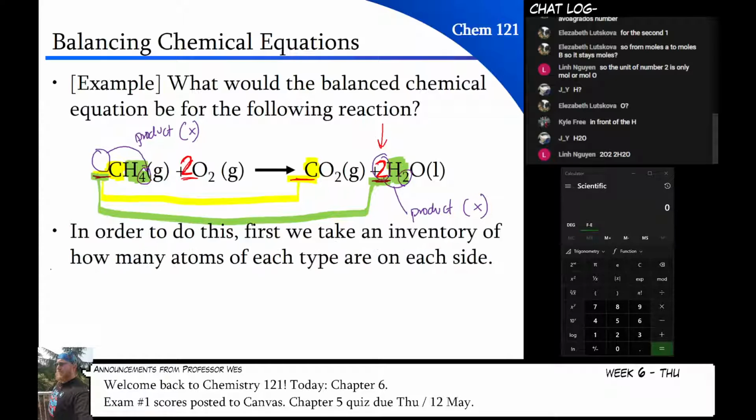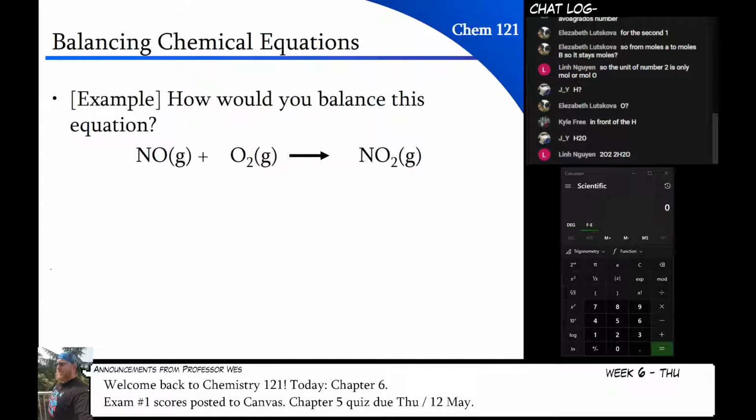All right, so my slides are just going to walk through the first one of these like that. I'm just going to give you this next one. I want you to balance this equation. So I'm going to put some blanks down. We'll go over the answer in just a second, but I want you to try and balance it on your own.